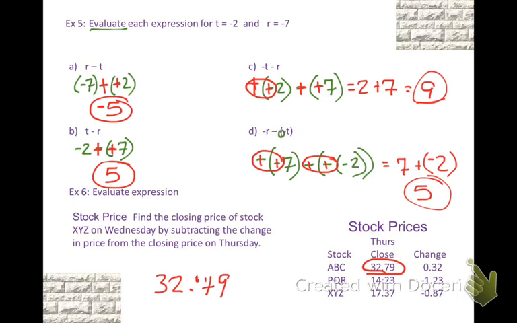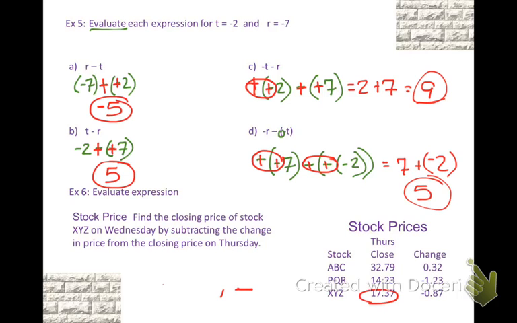Closing price for Thursday is 32.79. And then it says by subtracting Wednesday's change. And this is the change they're talking about. I think we're doing XYZ, sorry. XYZ. Let's change that around.